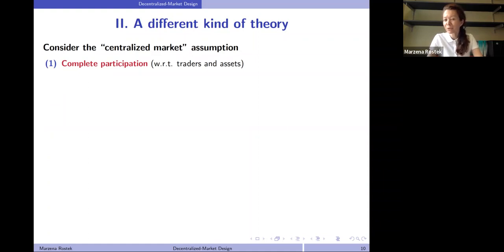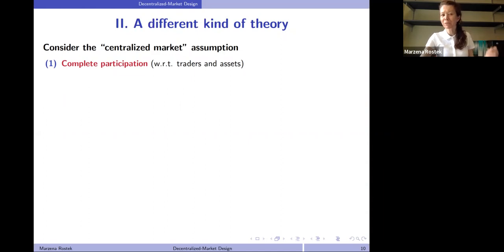Right? So in particular, two assumptions are implicit in the centralized market assumption. One is that trader participation in the market is complete in the following sense. Each trader trades all assets with all other investors.